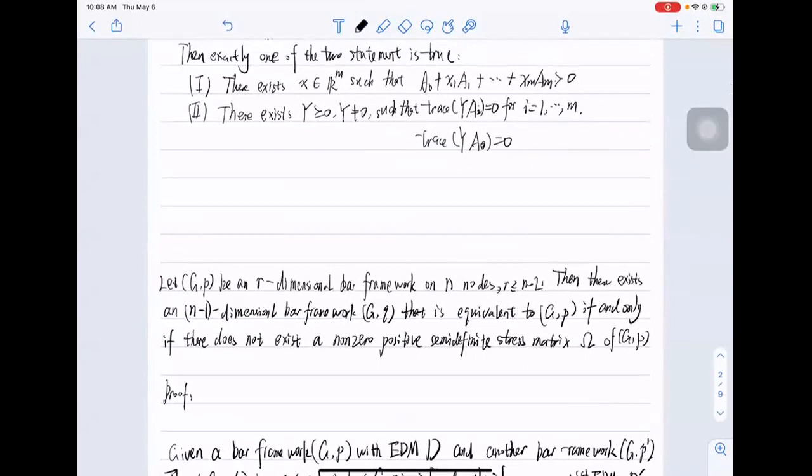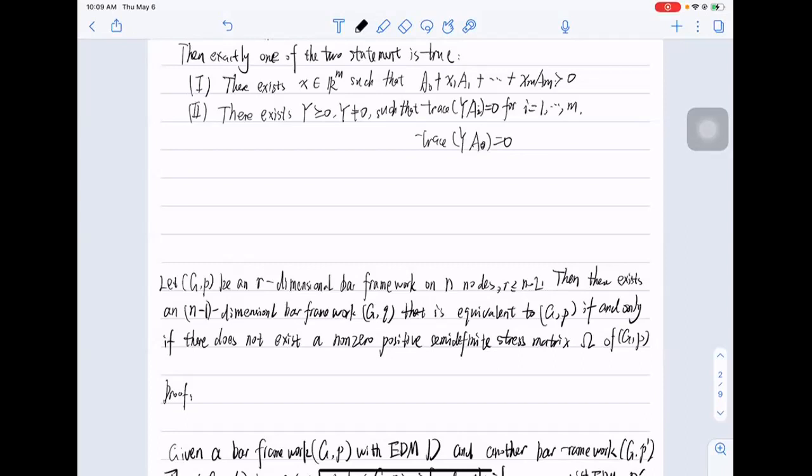Then there exists an n minus 1 dimensional bar framework G(q) which is equivalent to G(p) if and only if there does not exist a non-zero positive semi-definite stress matrix omega of G(p). This n minus 1 dimension is the maximum dimension we can lift to, because there are only n points.